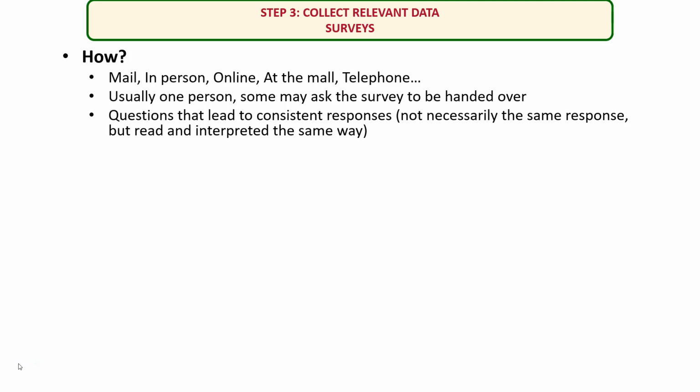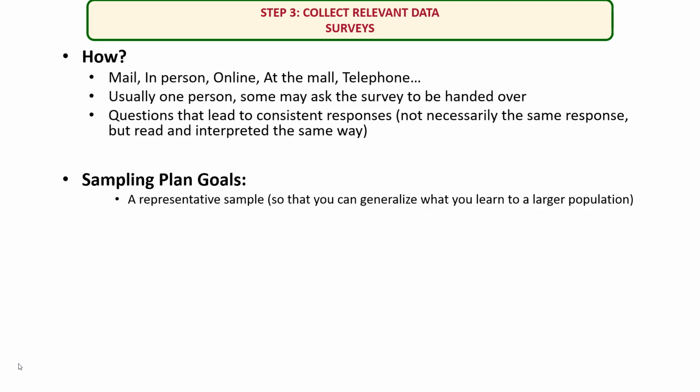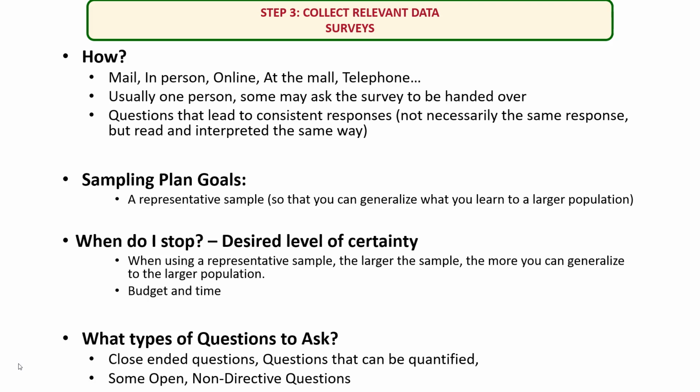Sampling is usually representative sampling so that you can generalize what you learn to a larger population. So you collect data until you gain the desired level of certainty. Generally speaking, when using a representative sample, the larger the sample compared to the population, the more you can generalize to that larger population.